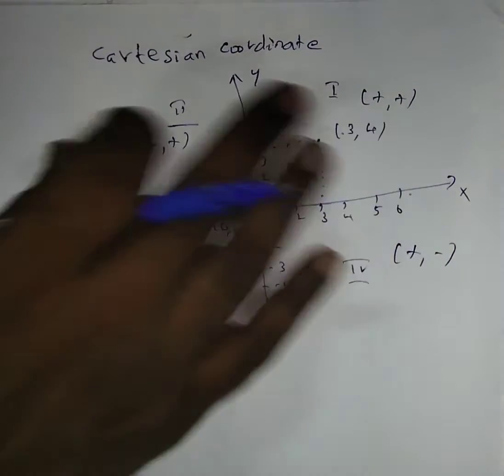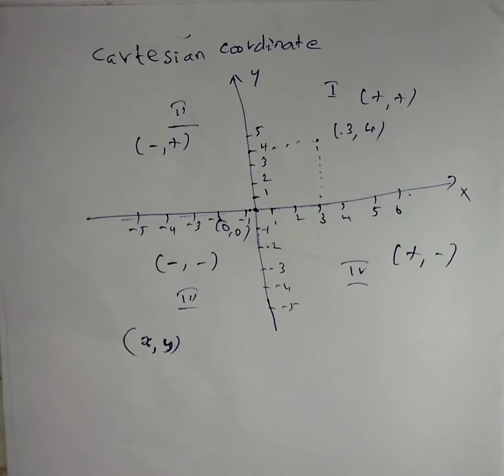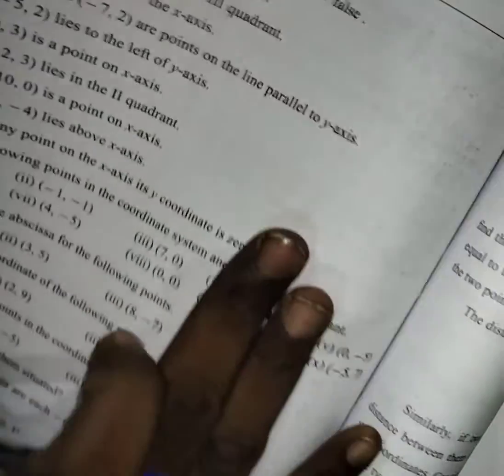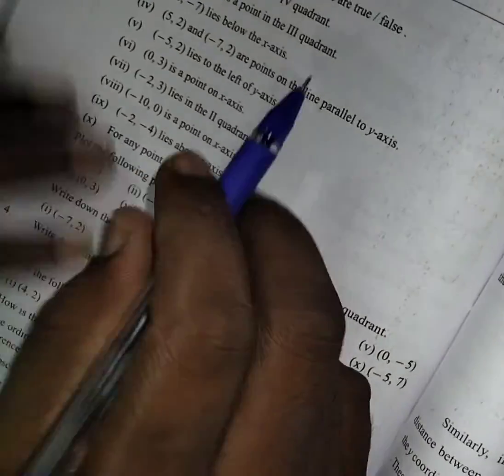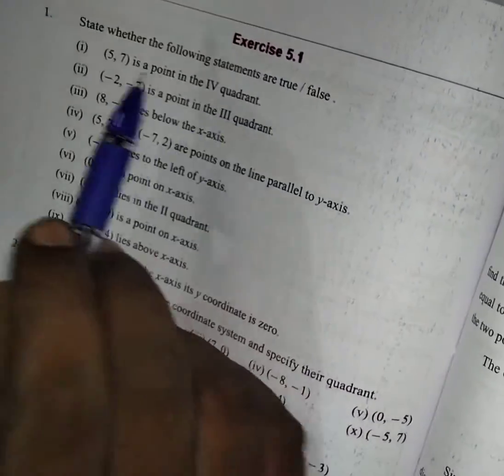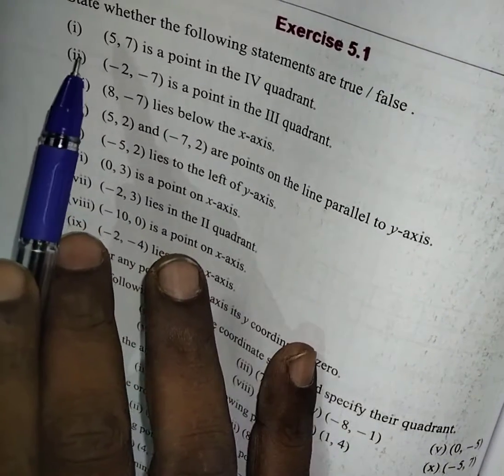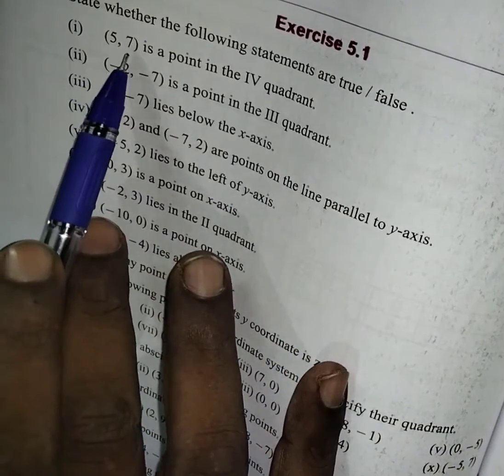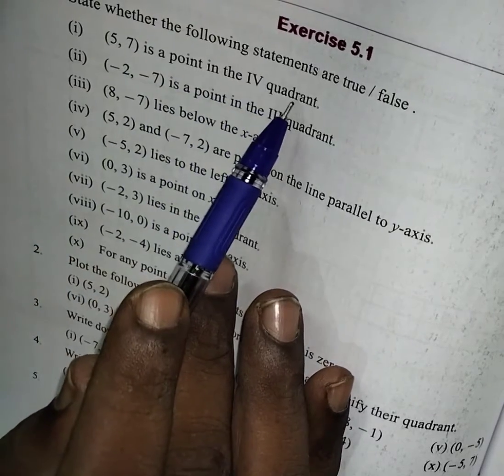Now with the help of this, we can identify whether a point lies in the first quadrant or second quadrant. For example, in exercise 5.1, they ask us to verify true or false. In exercise 5.1, the first question asks whether (5, 7) is a point in the fourth quadrant.